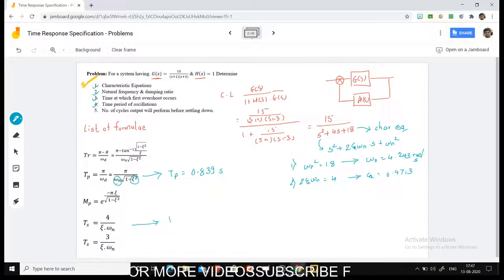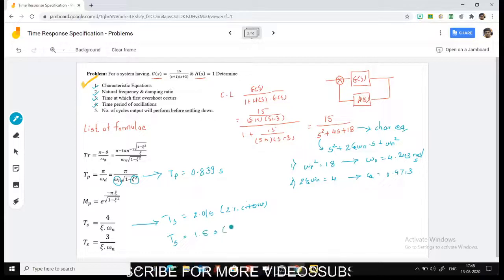So you will get Ts, you know the zeta and omega n, you can easily find the value of Ts. It will be 2.01 seconds for 2% criteria, and it will be 1.5 seconds for 5% criteria.